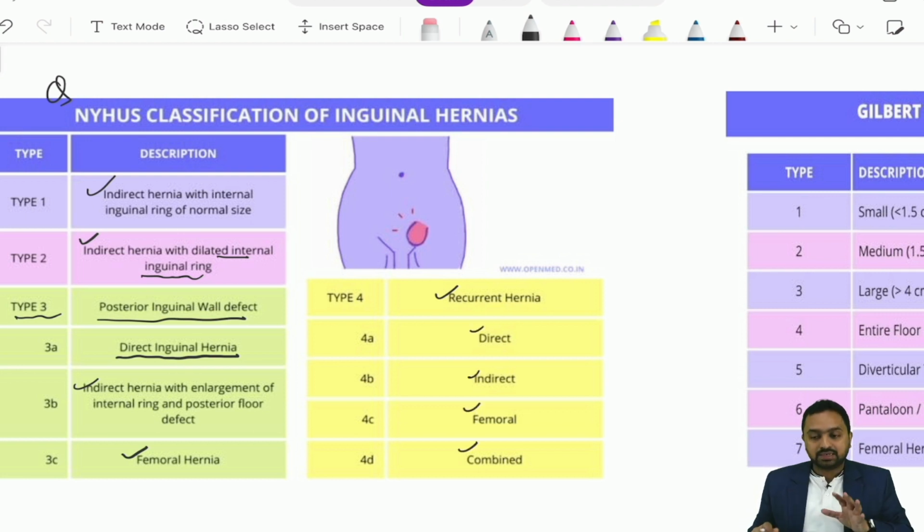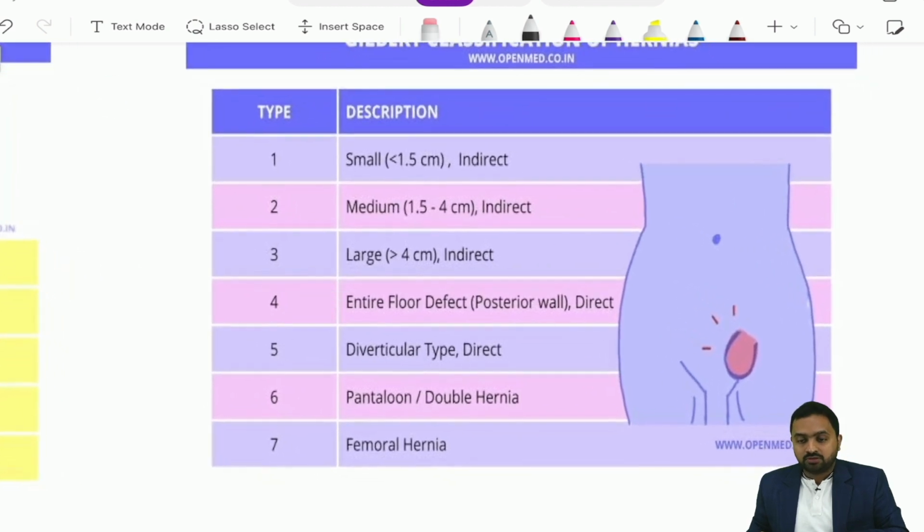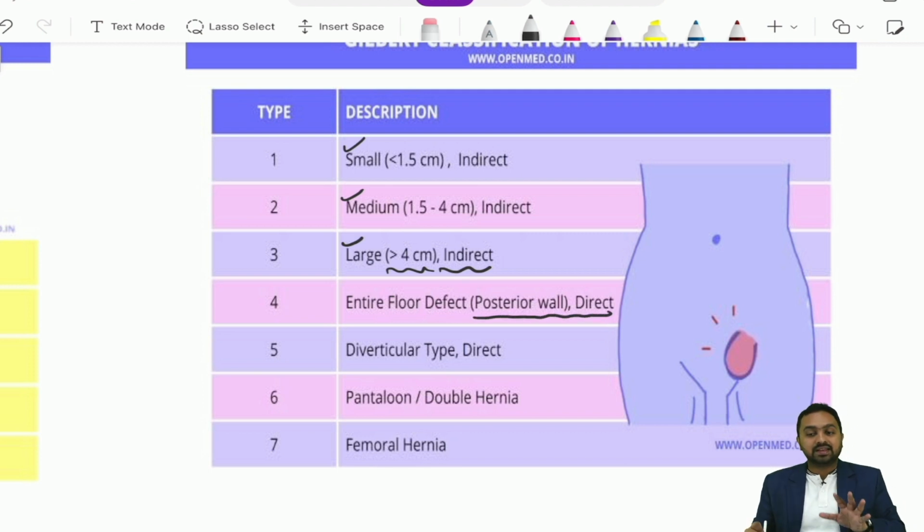and 4D being combined. Then you have your Gilbert classification of hernia, where you have type 1, a small defect, which is indirect, less than 1.5; type 2, medium defect, 1.5 to 4 centimeter, indirect. Then your type 3 is your large defect, that is more than 4 centimeter, indirect. Then your type 4 is your entire floor defect or the direct hernia.